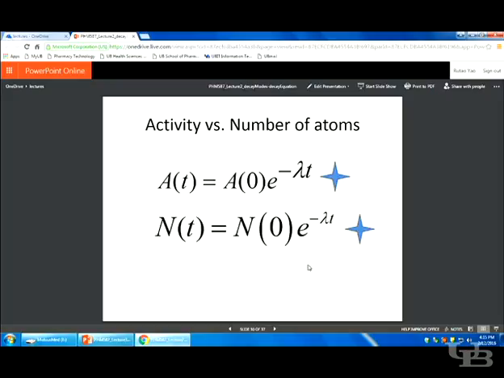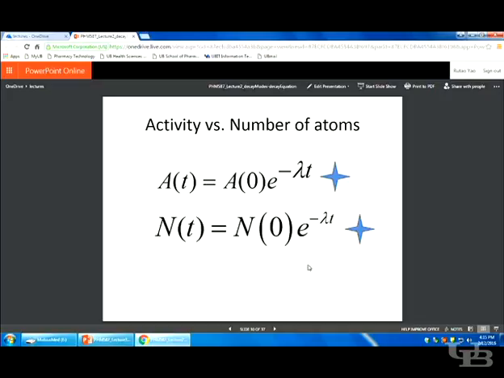Lambda is a decay constant. And what's the unit of lambda? Per second, yes. That's per time unit. It could be per minute.